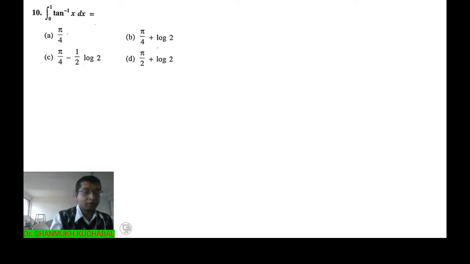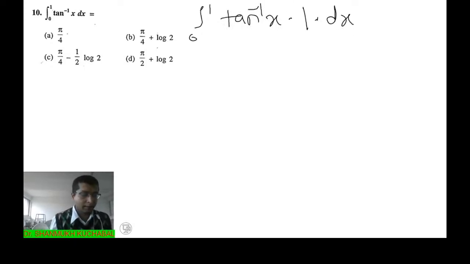So it is the integration from 0 to 1 of tan inverse x, we take it as the first function, and 1 as the second function. Now we use integration by parts: first function as it is, times the integration of the second function, the integration of 1 is x, and minus the integral sign.